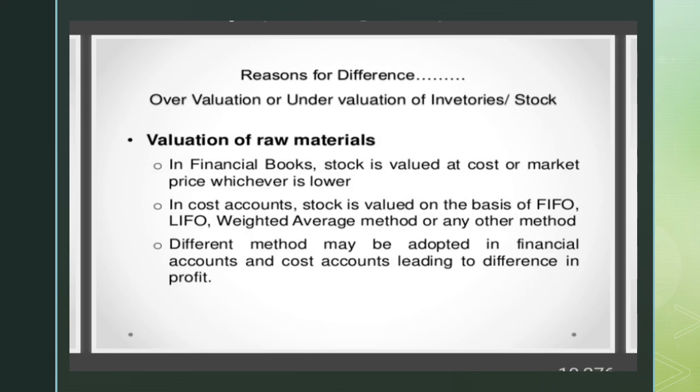The methods of stock valuation. The term stock refers to opening or closing stock of raw materials, work in progress and finished goods. In financial accounts, stocks are valued at cost price or market price, whichever is lower. In cost accounts, stock of raw materials can be valued on the basis of FIFO, LIFO and simple average methods.